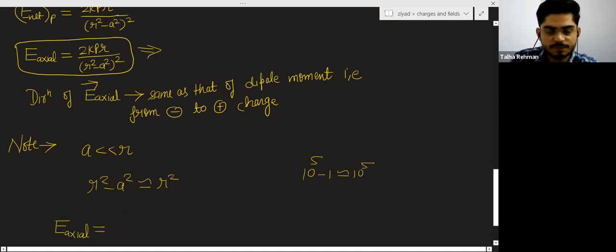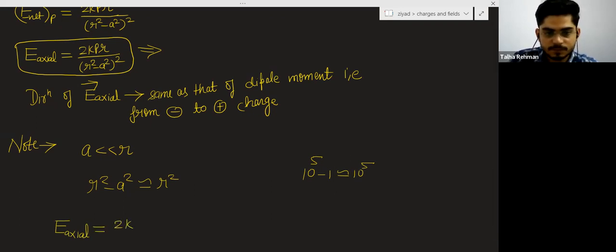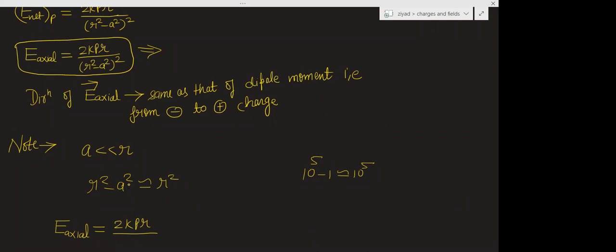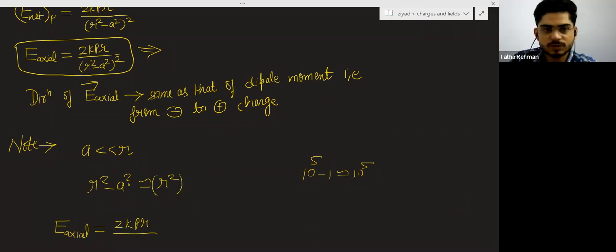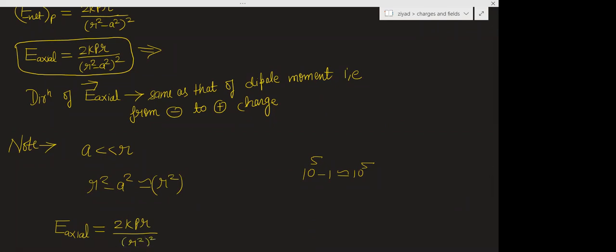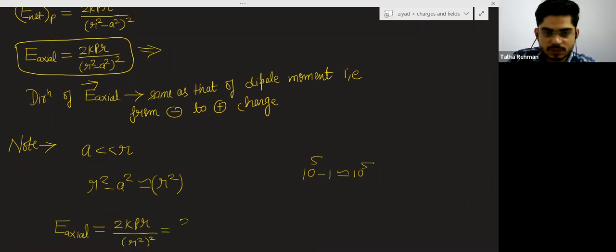This will become 2kpr. In the denominator, instead of r square minus a square, I will write only r square, and the square of that. So this is 2kpr divided by r to the power 4, and one r is cancelled.